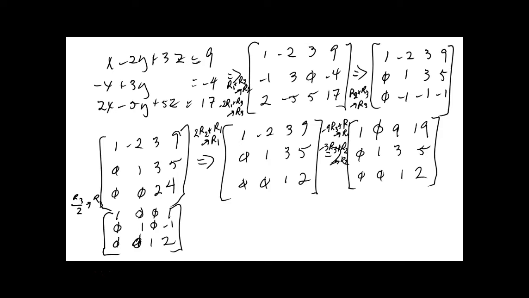However, you can't always get it totally in reduced row echelon form. Sometimes it's more difficult than others. When you have an infinite number of solutions, you won't have all your diagonals being 1.